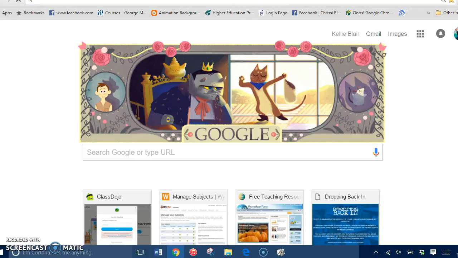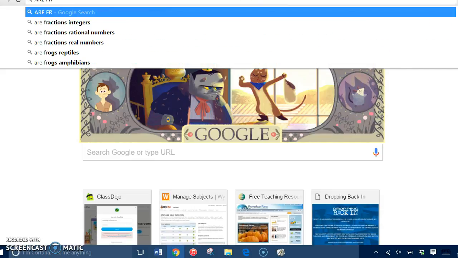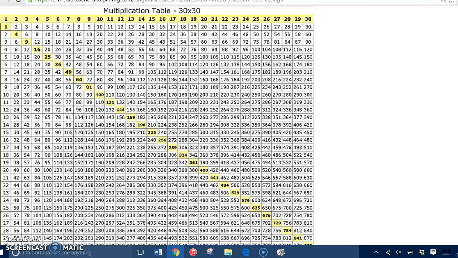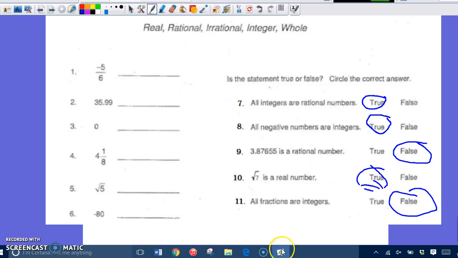Are fractions integers? Integers are like whole numbers, but they also include negative numbers, but still no fractions allowed. So it is completely just a number line. I knew I was second guessing that for a reason, because I'm like, wait a minute, is that right?